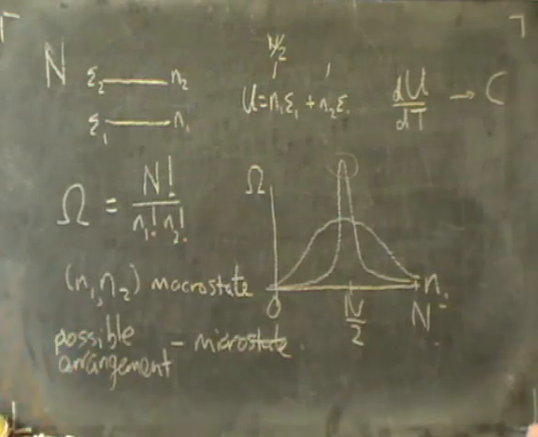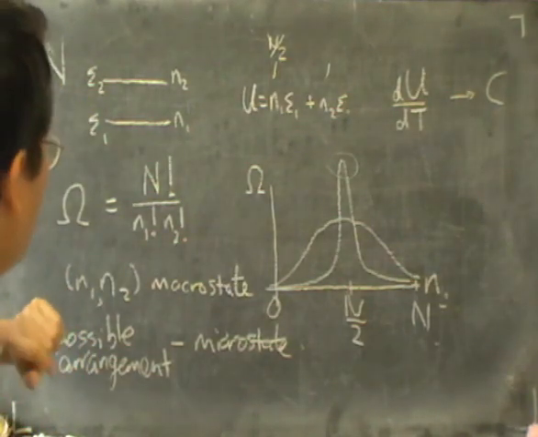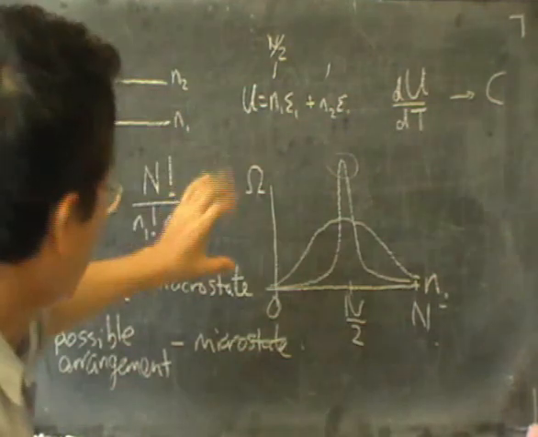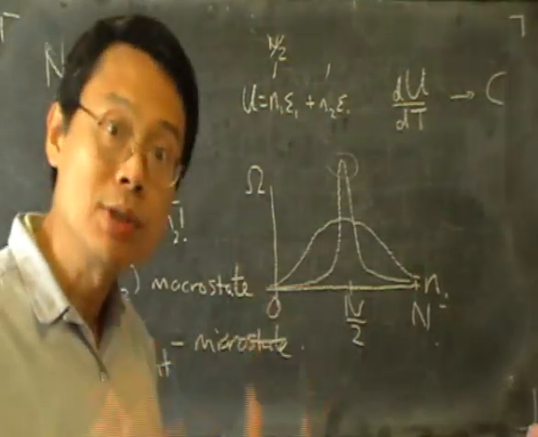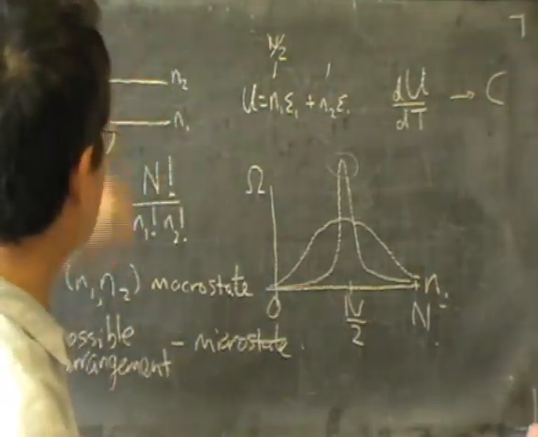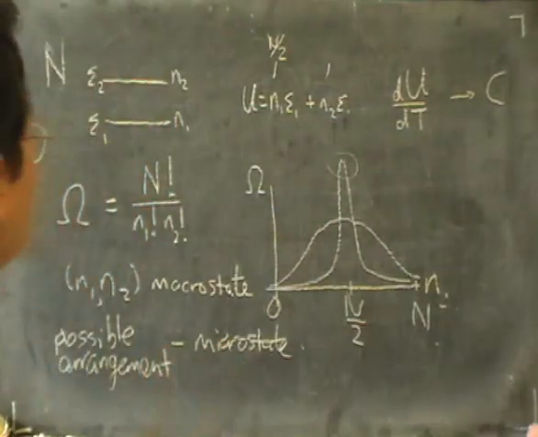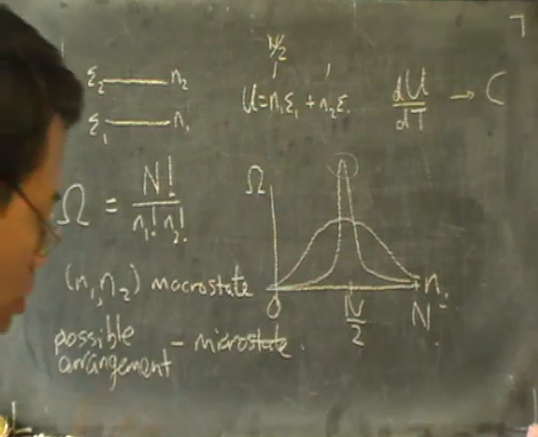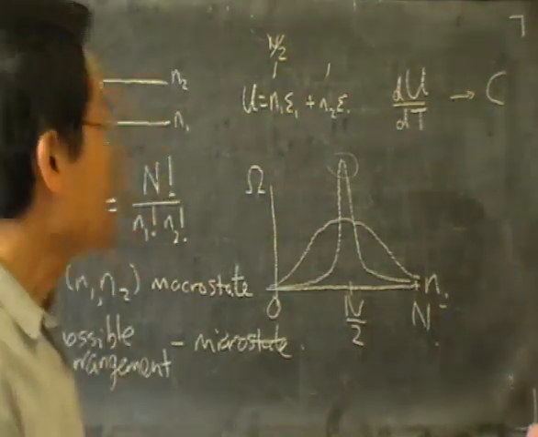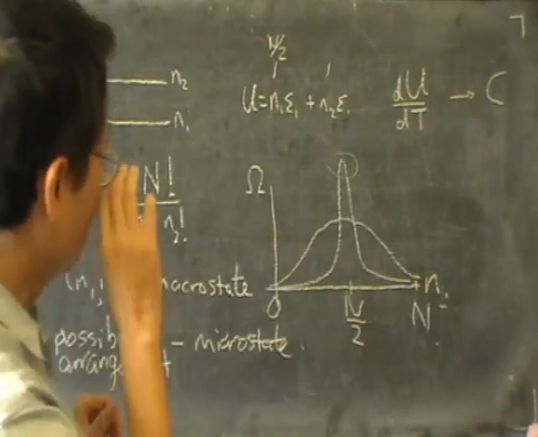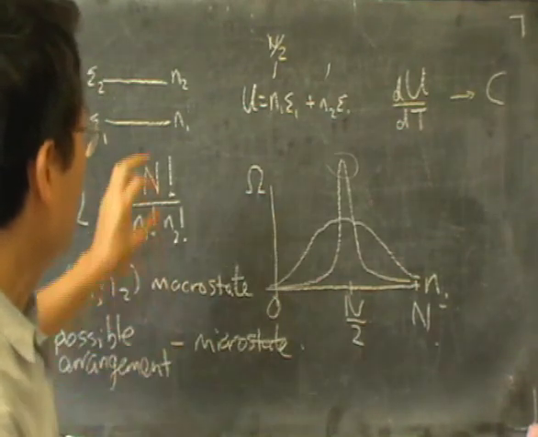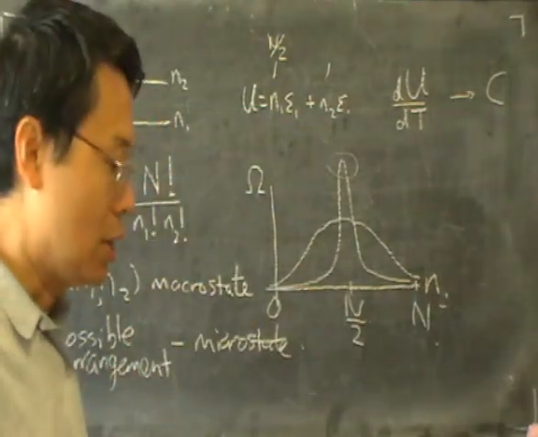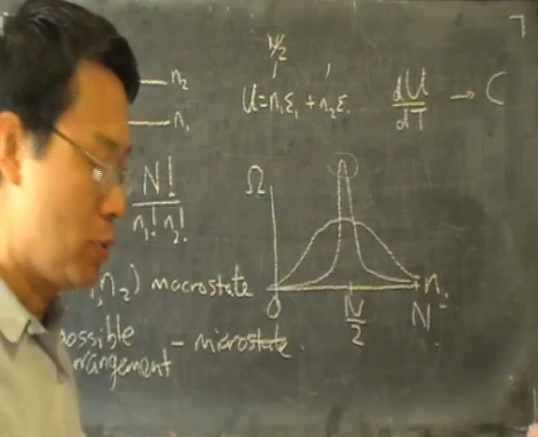We have already seen one constraint here, which is n, the total number of particles. In looking at this, we have in fact assumed that the total number of particles is fixed, which is kind of obvious for ordinary solids. Now we are going to add one more constraint, which is that the energy is fixed. What we want to do now is learn how to find n1 and n2, the number of particles, in a system with these two constraints.